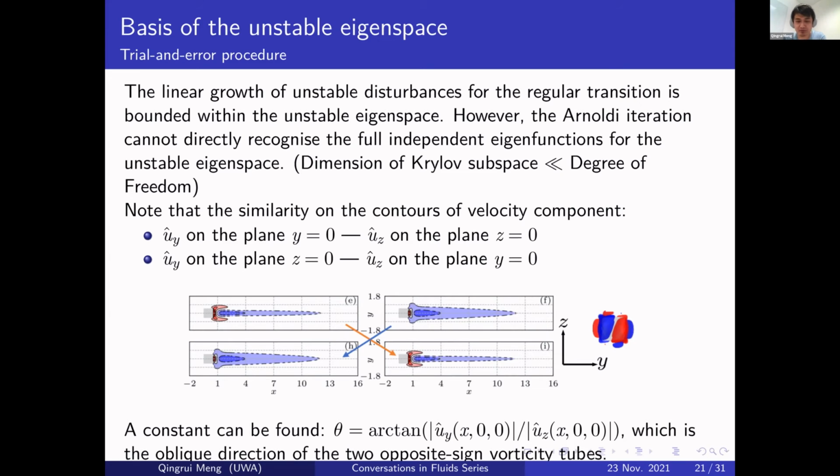We use the arctangent of the ratio of uy and uz along the central line behind the cube to get a theta as a constant for this eigenfunction. And actually, if we calculate the tangent direction of the streamwise vorticity in the rear view of the eigenfunction, we can find this direction is equal to this constant angle.